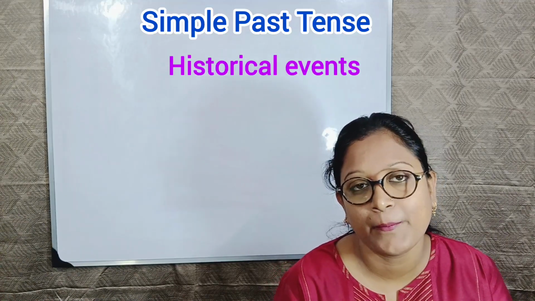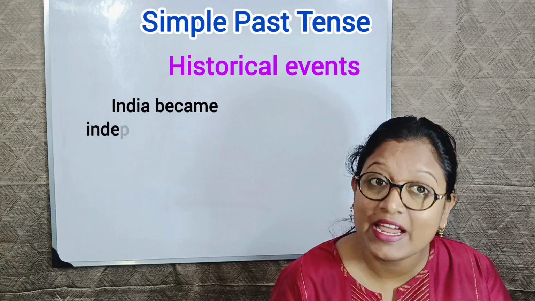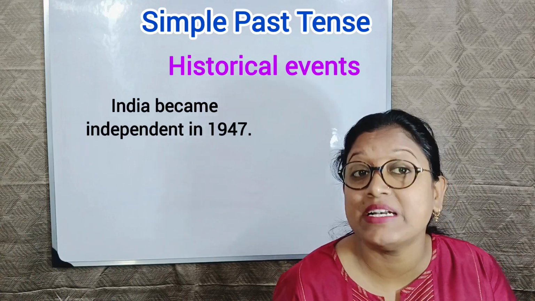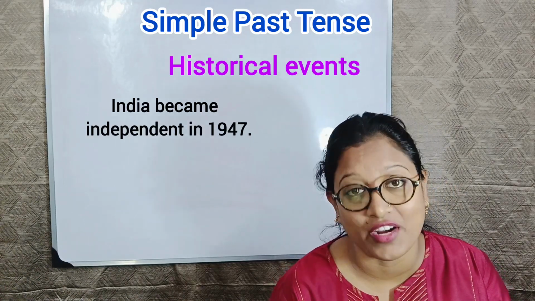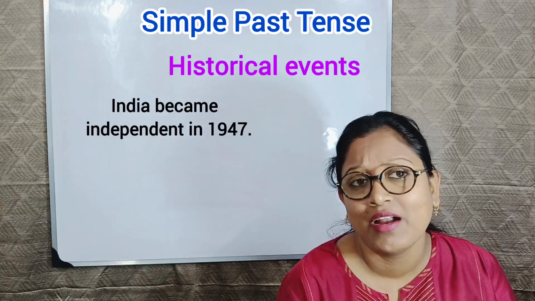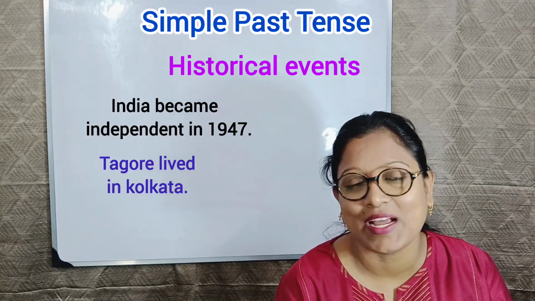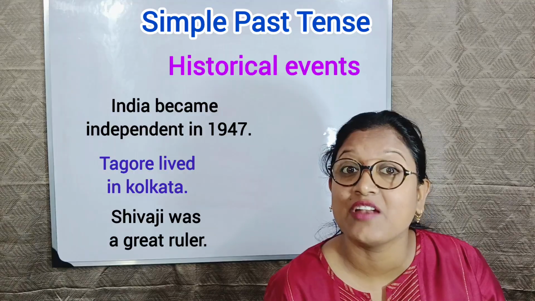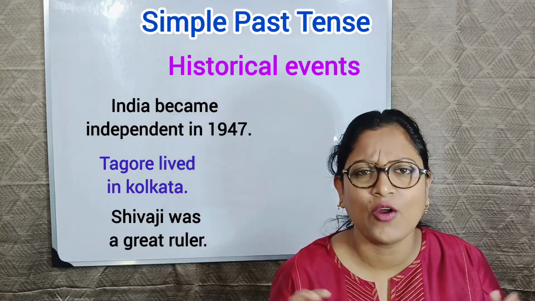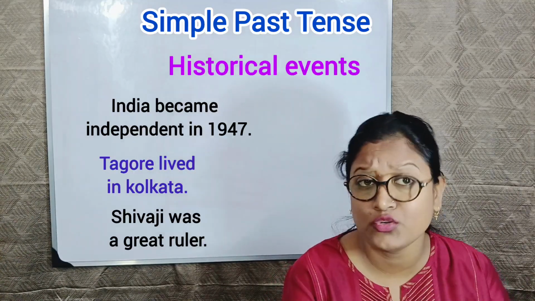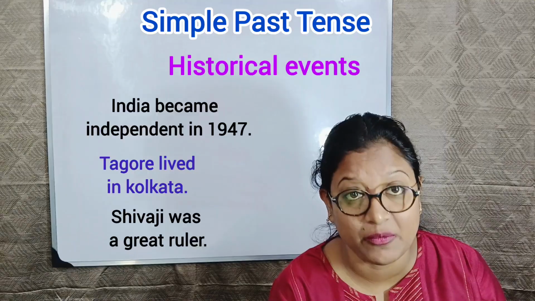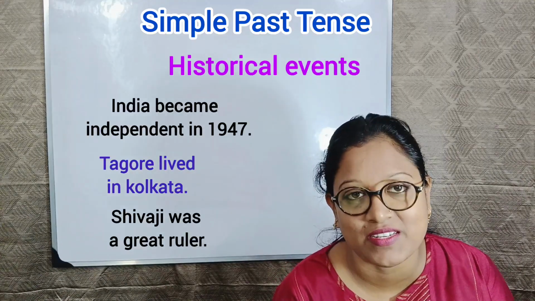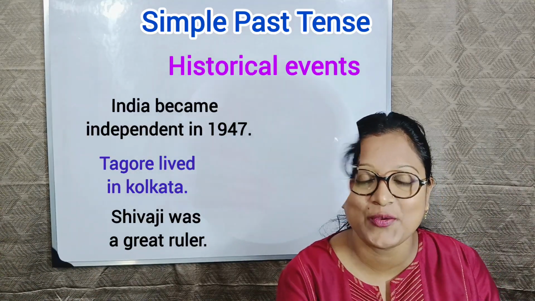Historical events like India became independent in 1947. Tagore lived in Kolkata. Shivaji was a great ruler. So these are all historical events, right? So to express historical events, we use simple past tense. I hope it is clear, right?